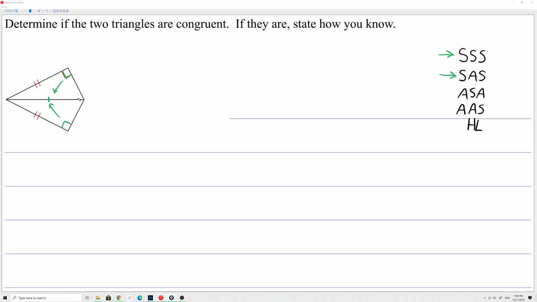So we have the same hypotenuse in both right triangles, and we have this additional pair of sides that's congruent. That means these 2 triangles are congruent by HL, which stands for hypotenuse leg. We have the same hypotenuse, and we have another side, which is called a leg in right triangles. So that's how we know that those are congruent.